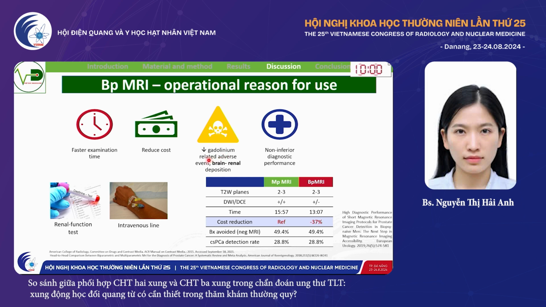We all know that gadolinium is quite safe, but the adverse events and the risk of brain and renal deposition still remain. And most important, as I said before, biparametric MRI has a non-inferior diagnostic performance compared with multiparametric MRI.